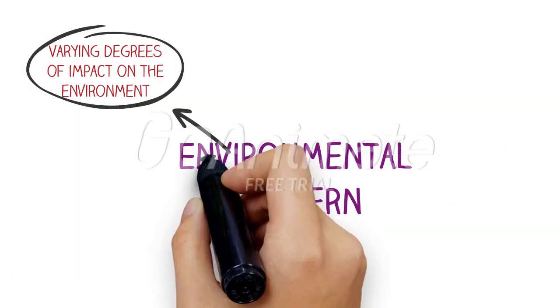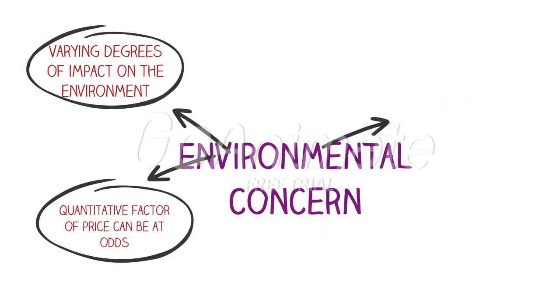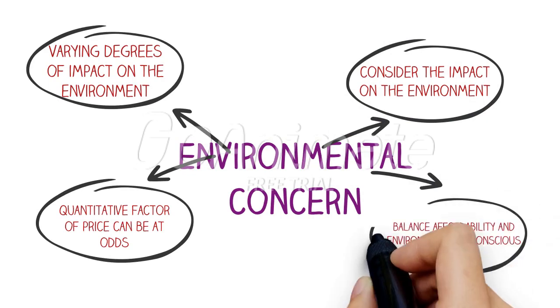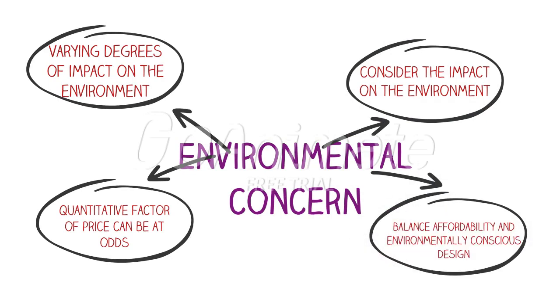Environmental concerns. Capital investments can have varying degrees of impact on the environment, and more financially appealing options frequently have greater impacts. Because of this, the quantitative factor of price can be at odds with the qualitative factor of environmental responsibility. Managers must consider the impact that any capital investment will have on the environment to balance affordability with environmentally conscious design when purchasing products.